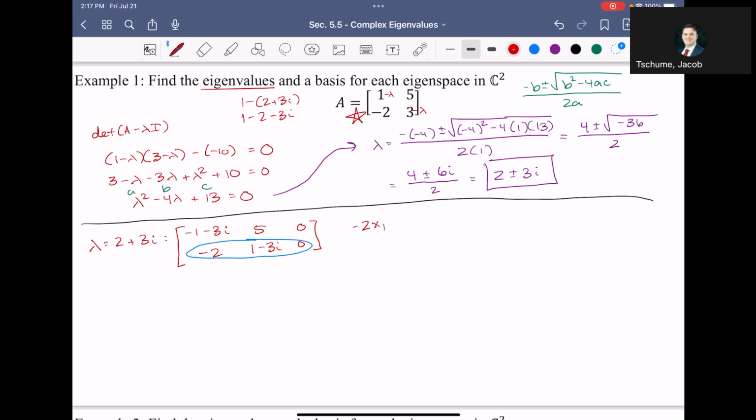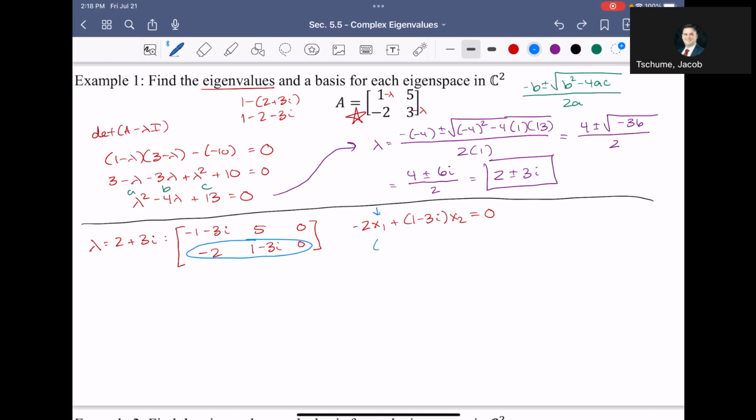Row 2 tells me the following. It says that negative 2x1 plus (1 minus 3i) times x2 must be 0. Now from there, I highly encourage you to solve for the variable that doesn't have the complex number attached to it. So for us, that would be x1. If I wanted to get x1 by itself, I'd move the negative 2x1 over.